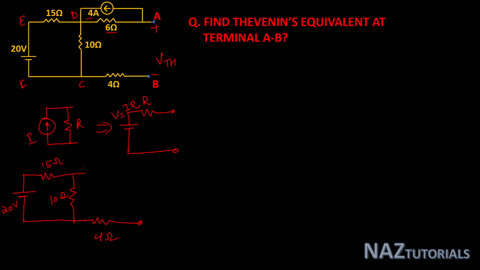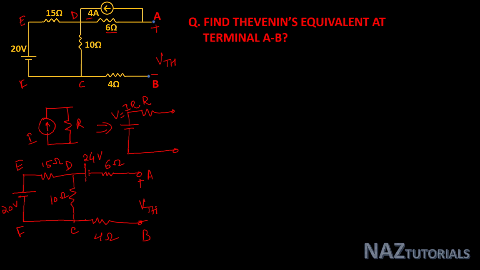So here we will connect the voltage source in the same polarity in series with the 6 ohm resistance, and its value is I into R, that is 4 into 6, which means 24 volt. So A, B, C, D, E, F, these are the terminals and this is our voltage VTh.